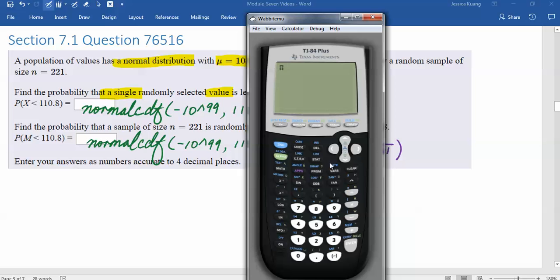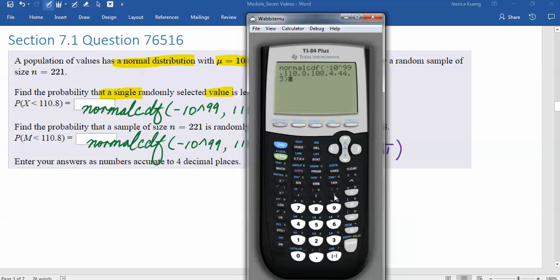The first one, I will pull out normal CDF, and the left boundary is negative 10 to the power of 99, comma, 110.8, comma, 108.4, comma, 44.3.